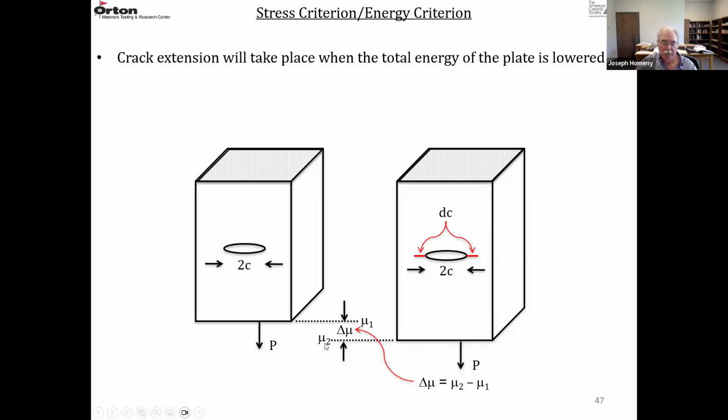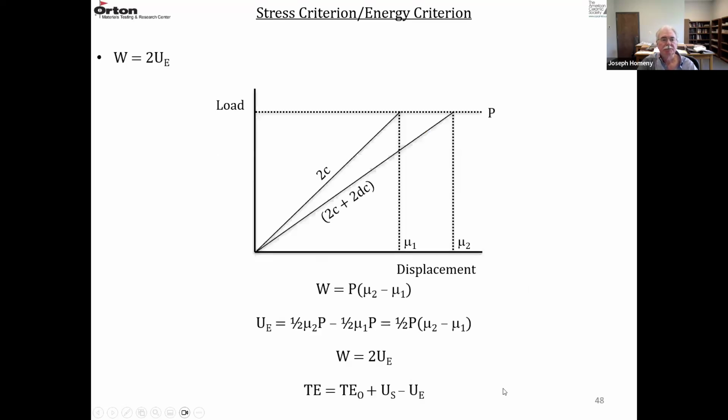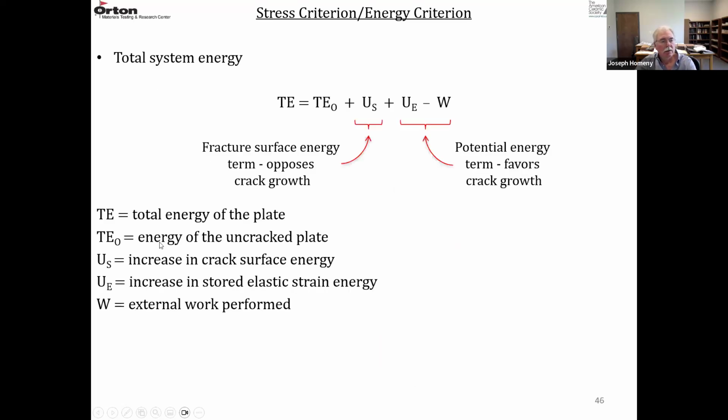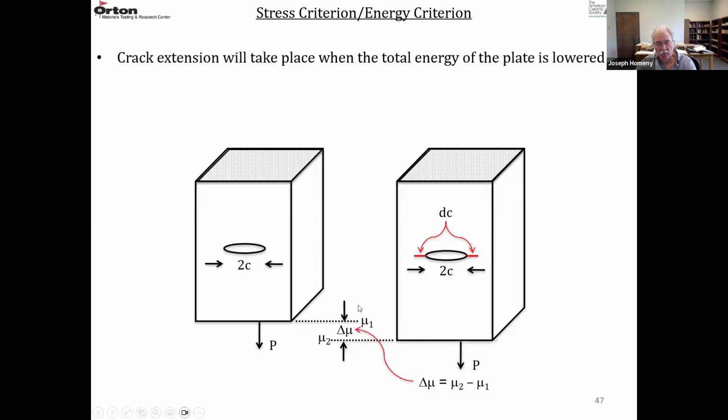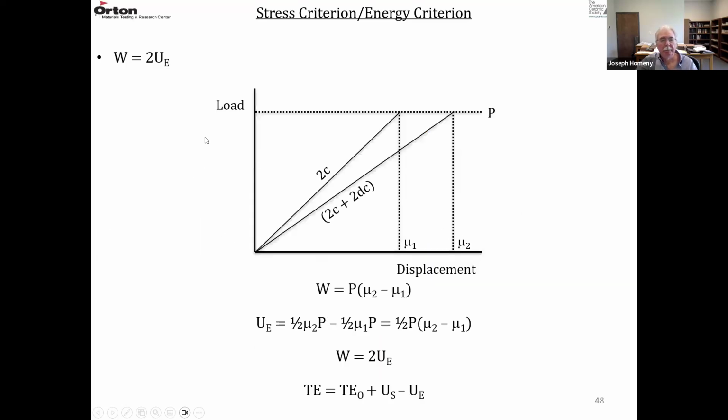So delta u is the change in length. So delta u equals u2 minus u1. So it turns out the work just equals 2 times UE. UE is the increase in the stored elastic strain energy.